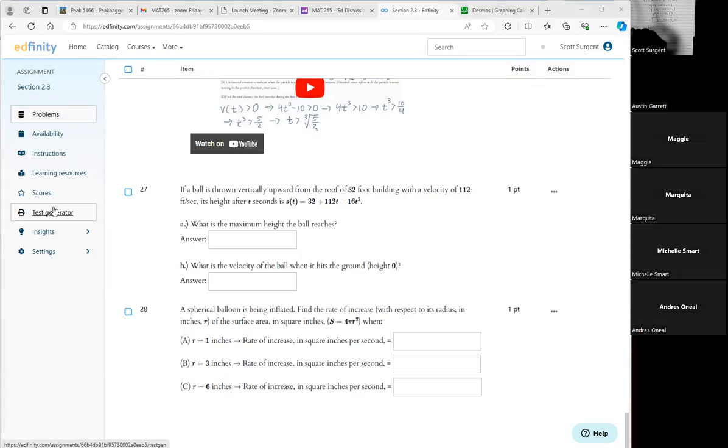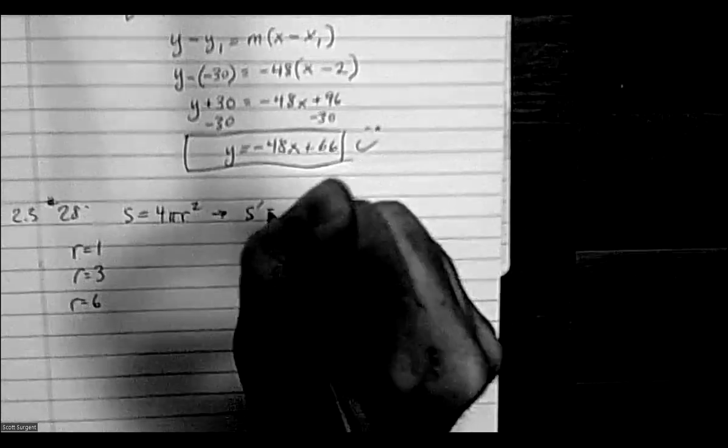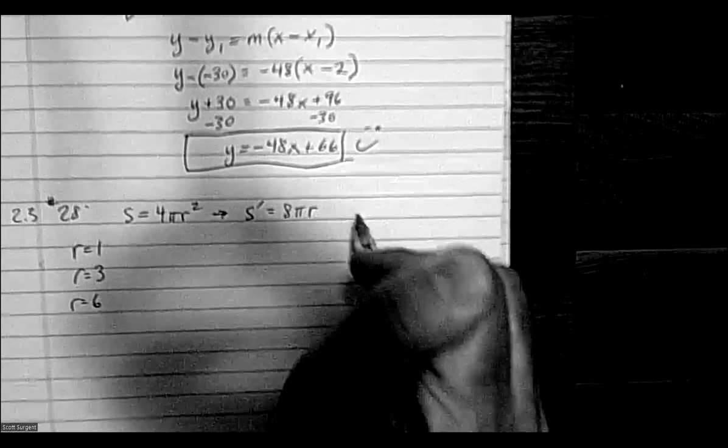So they want it at r equals 1, r equals 3, and r equals 6. I'm going to come back to this one. Let me go ahead and get my overhead here. The derivative is just going to be 8 pi r.